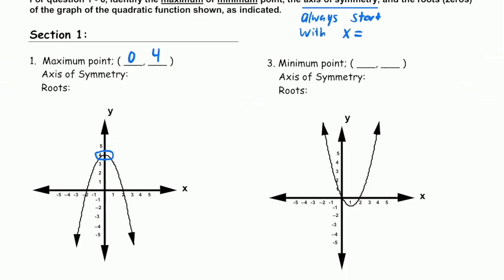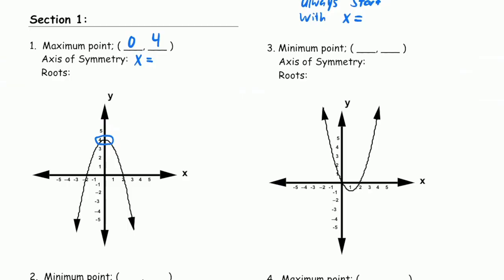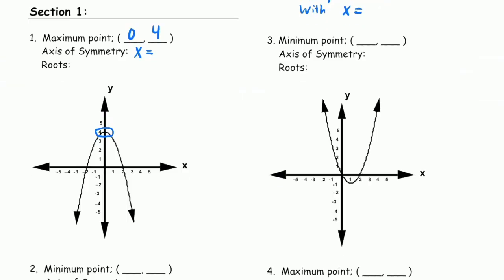So for all of these here, I can just write axis of symmetry, x is equal to. And again, that's like if I was to draw a line to split my parabola down the middle, that would be right here. And that's going to be where x is equal to 0 at the origin. So my axis of symmetry is going to be x is equal to 0.